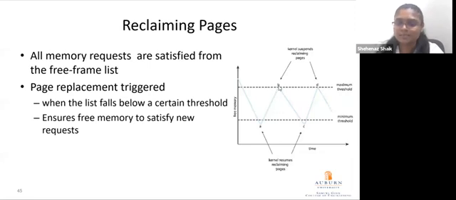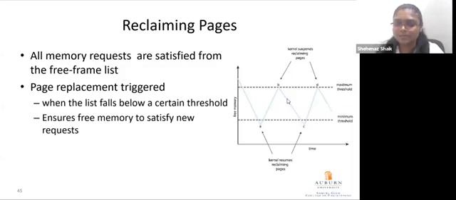And it performs that until the maximum threshold is reached, and we have that many free frames available. Okay? And at that point it will simply stop reclaiming the pages. Or in other words, it will stop writing the pages to the backing store and releasing the respective frames.